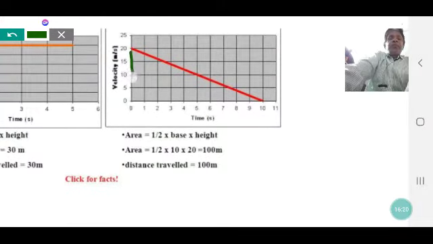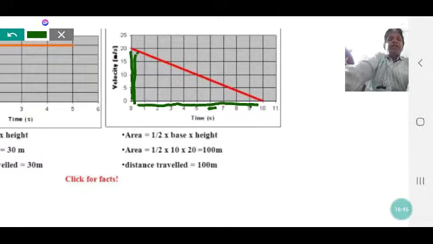Look here, this is the altitude of the triangle that gives the value of velocity, and this is the time axis. If the velocity and the time are multiplied and halved, we get the value of the displacement.